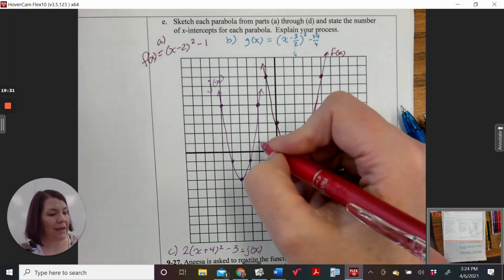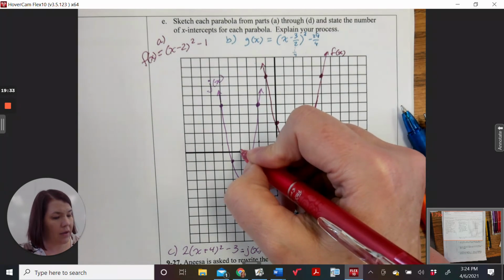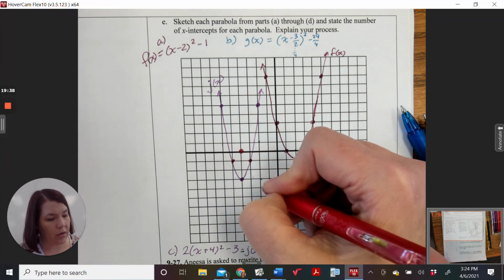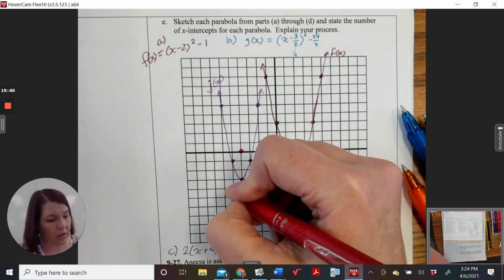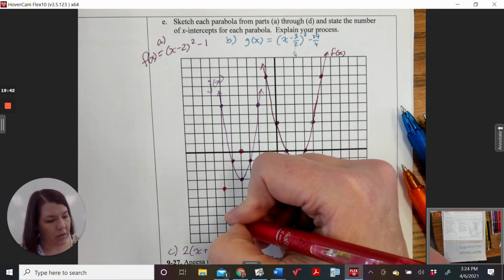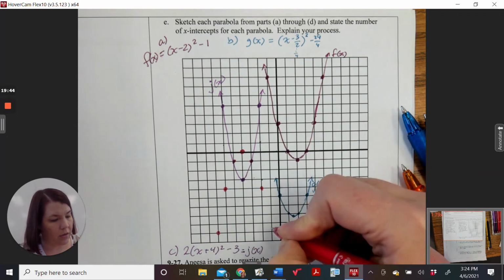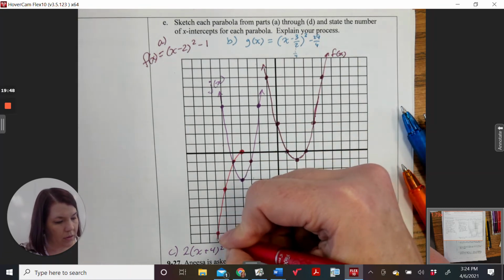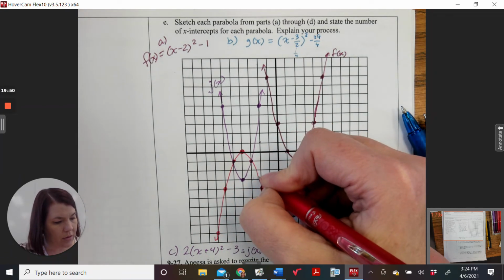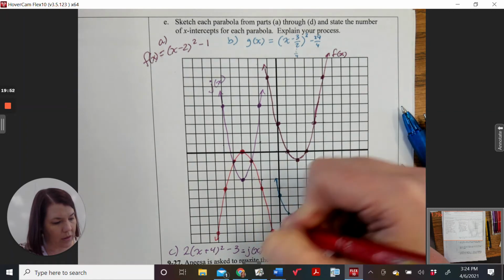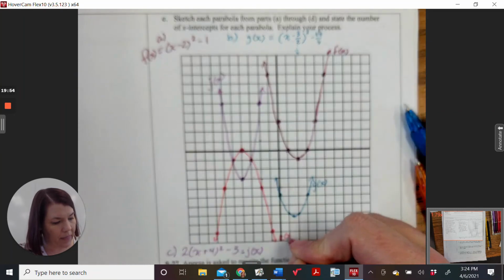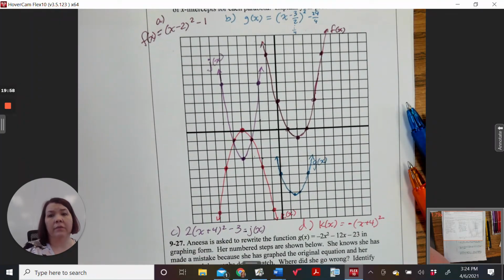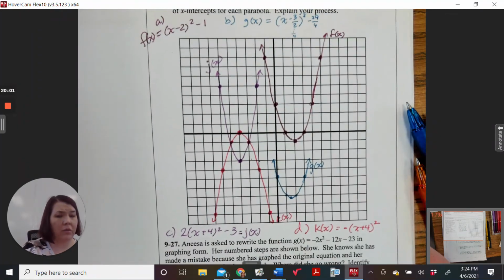So my vertex is at negative 4, 0, and it's opening downward. And that is k of x. There you go. And it'll take you a while. It's okay to get that right.